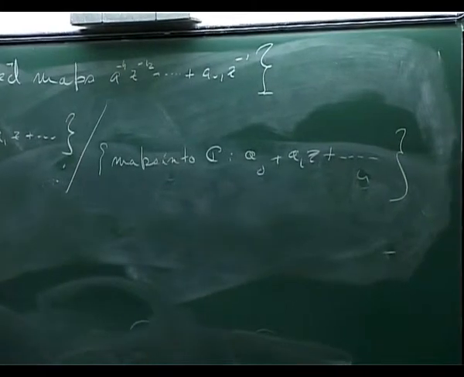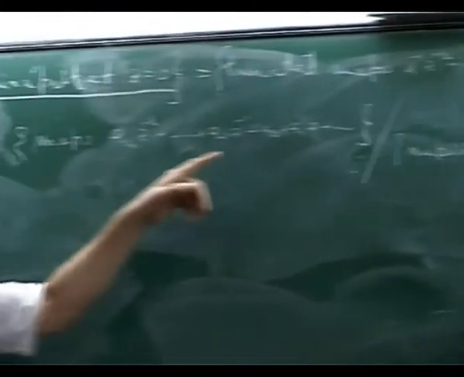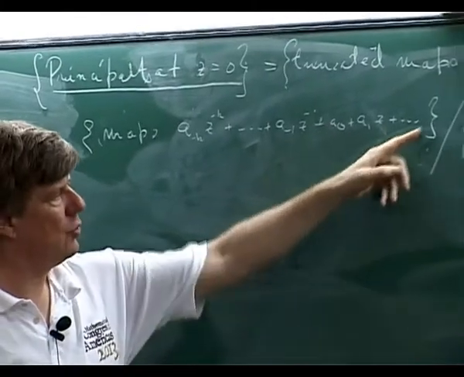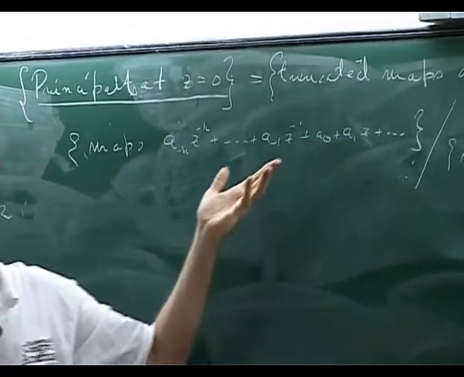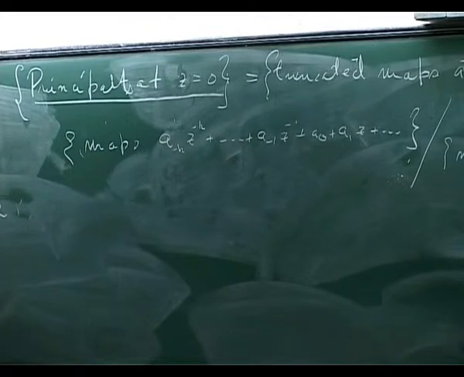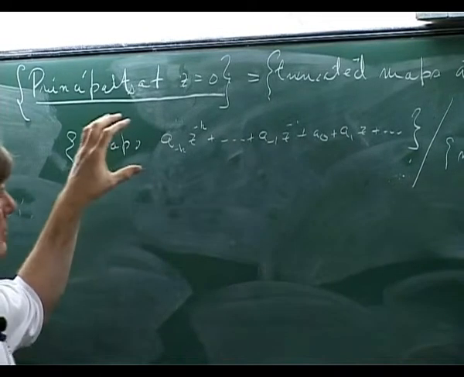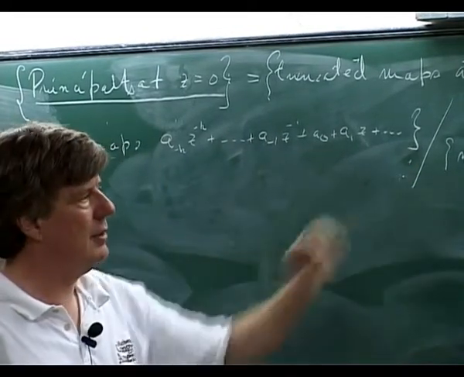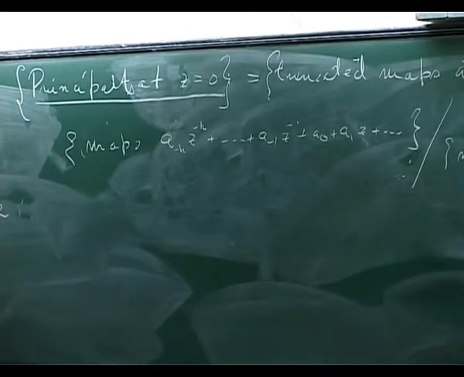In other words, I can apply a map into C that normalizes this bit to 0, because the action's additive. Maps into P1, mod maps into C.